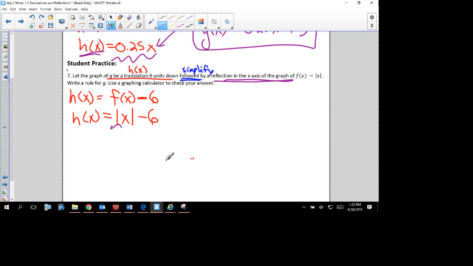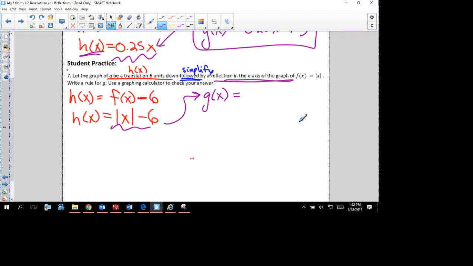So I'm going to take this part and do something to that one. So our g of x is going to be a reflection in the x-axis.